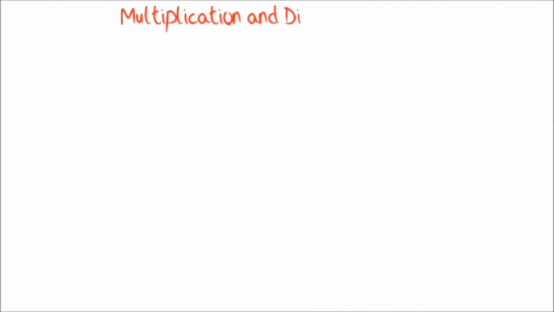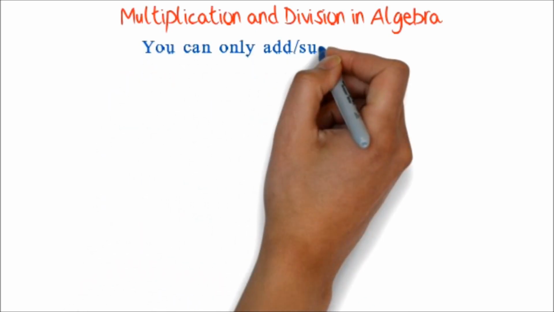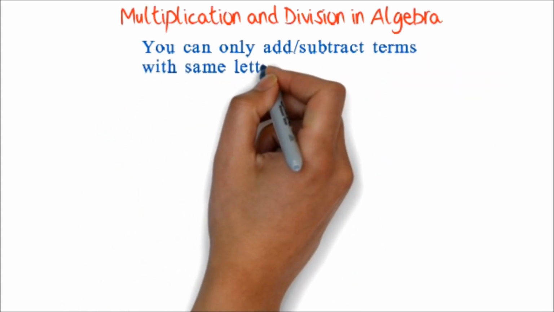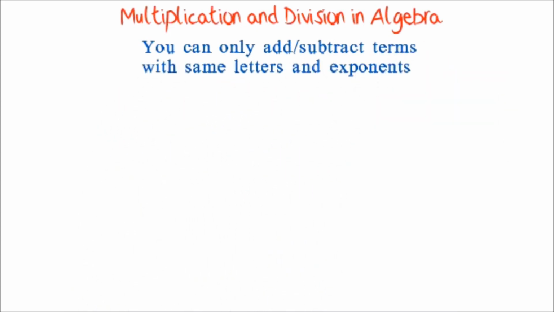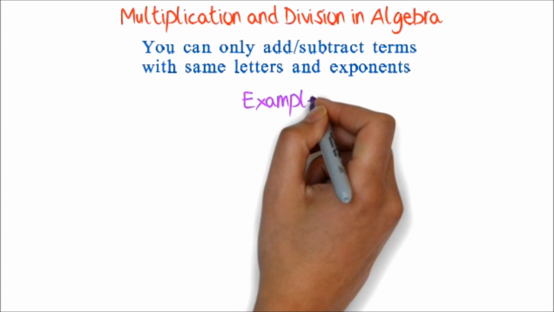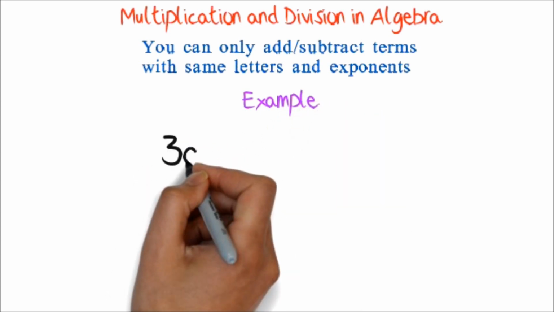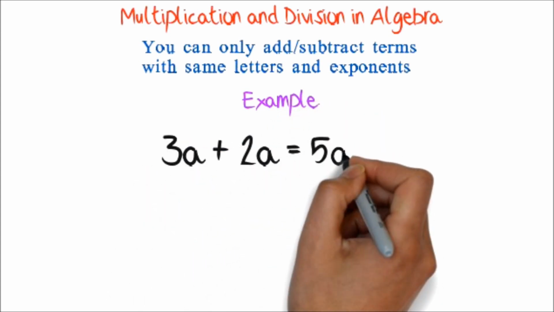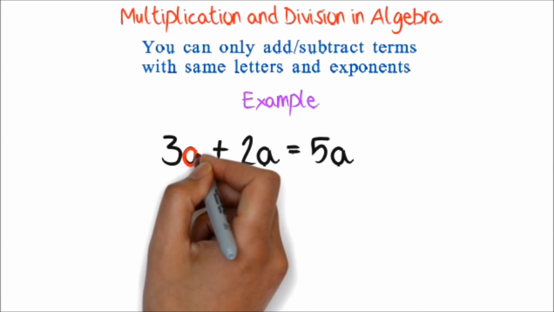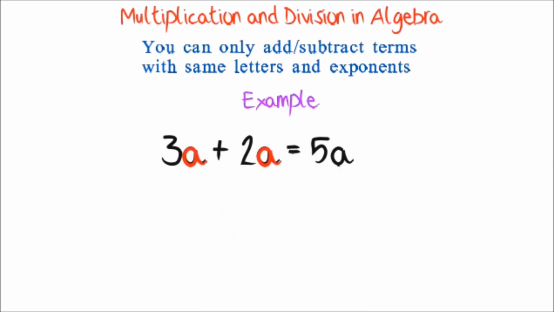Multiplication and division in algebra. When we learnt addition and subtraction in algebra, we said that letters must be exactly the same before you can add or subtract them. Example, we can add 3a and 2a because both have the same letters after the number.